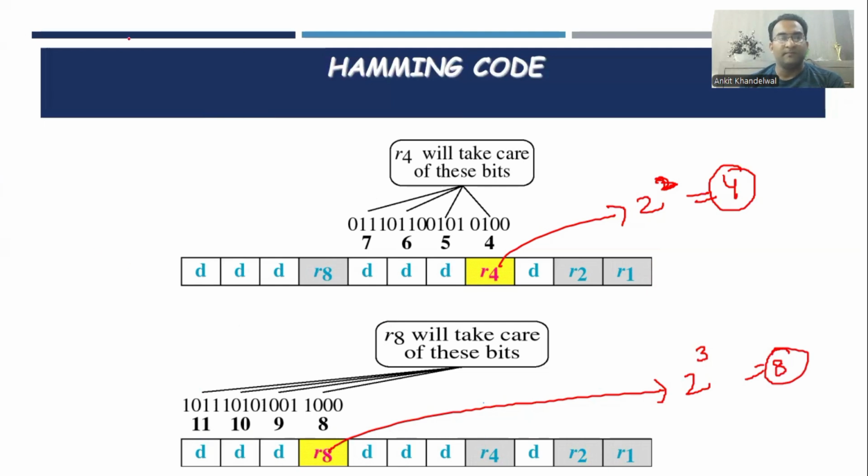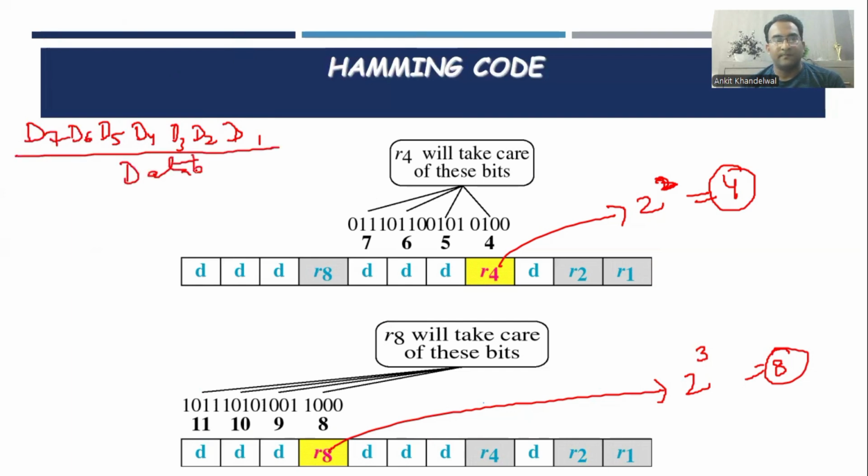So what we have seen is that we have data bits D1, D2, D3, D4, D5, D6, and D7. To these data bits, we are going to add redundancy bits. The total redundancy bits are 4.